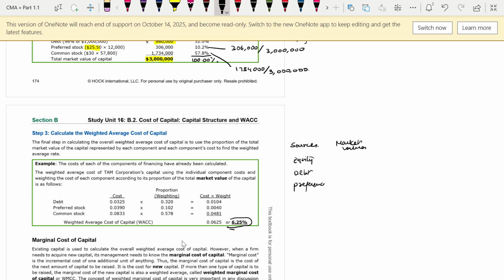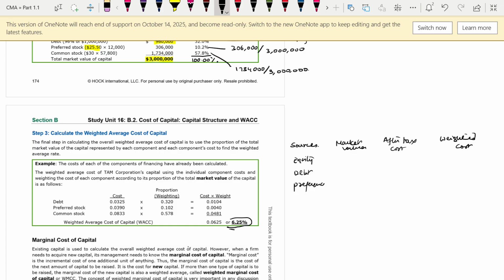Then we take the after-tax cost of debt. Then we take the weighted cost. That's all. They have done it in a very detailed manner, but this is the simplest of the simplest concepts.